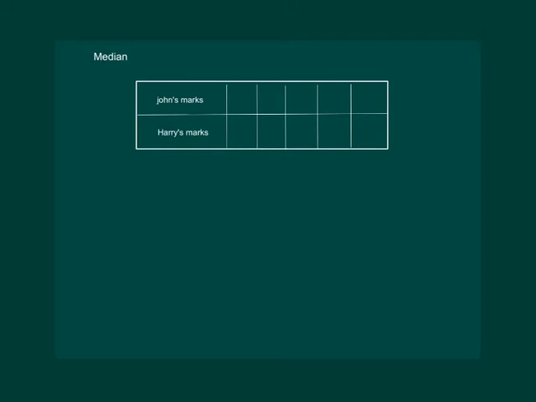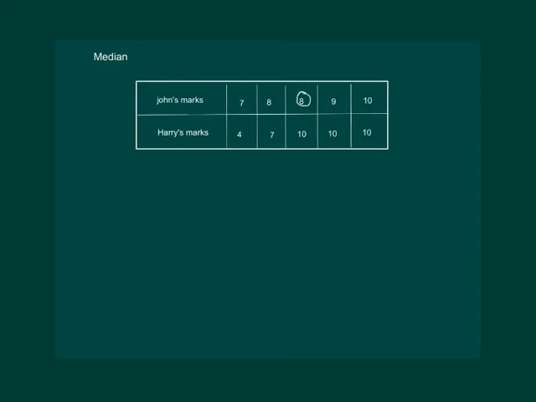From the calculations of the mean, John had declared that he has performed better than Harry, but Harry did not agree. He arranged both their scores in ascending order. John's marks in ascending order, Harry's marks in ascending order. Then he found out the middle score. For John, the middle score is 8.